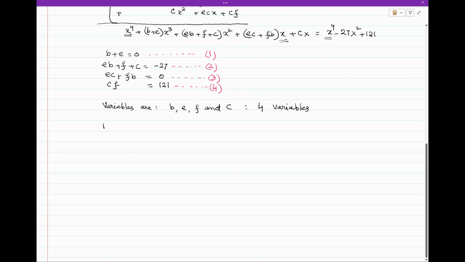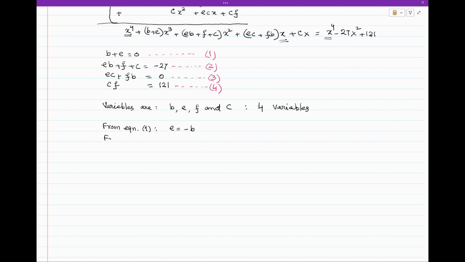From equation 1, we get e is equal to minus b.